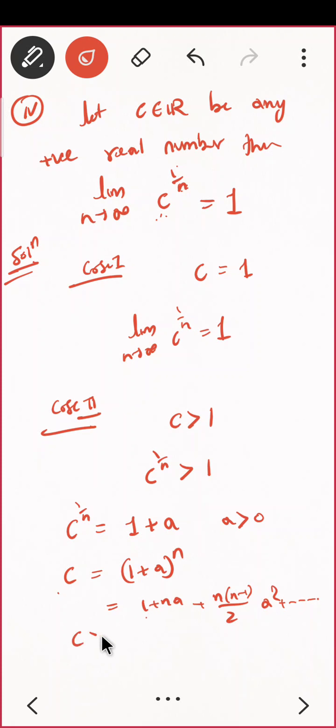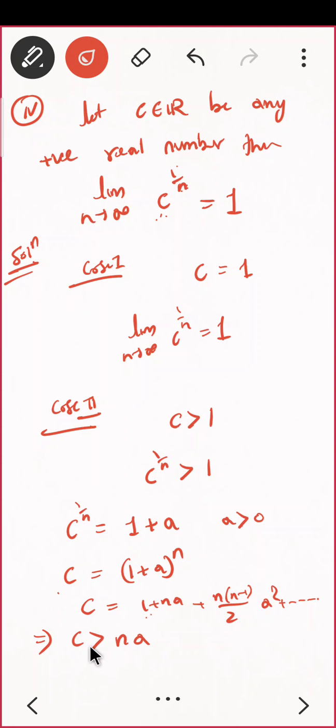Can I write like this? C is greater than na. Can I write like this? From this expression, that is C is equal to 1 plus na plus, if I'm taking just one term, that is na. So can I write that C is greater than na? Yes? Okay.